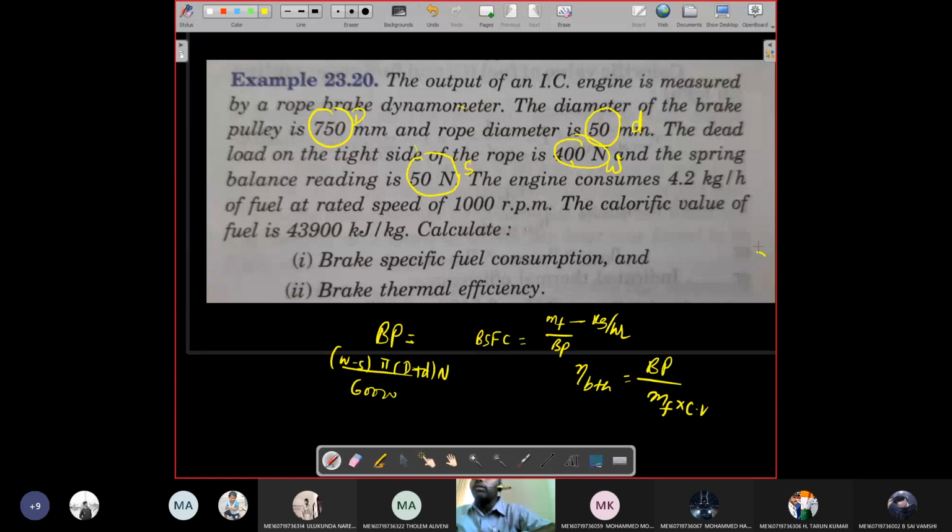Directly mass of fuel is given, very good. Here mass of fuel MF is given and N is also given and the calorific value of the fuel. Now W, S, everything is there for BP. Again MF is there. You can calculate BSFC. Then brake thermal efficiency.